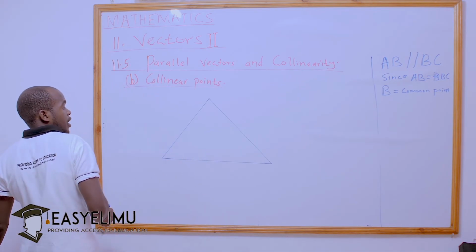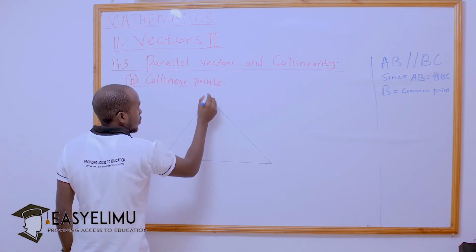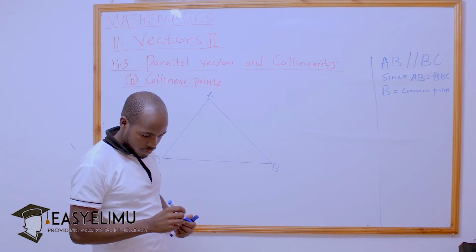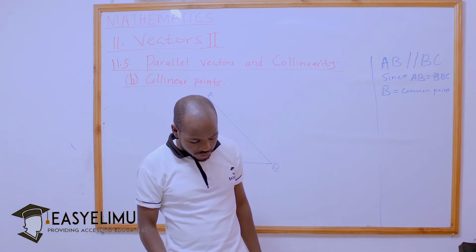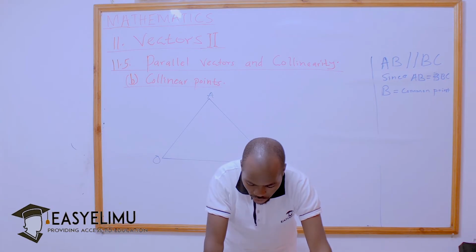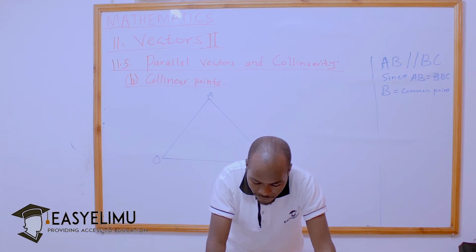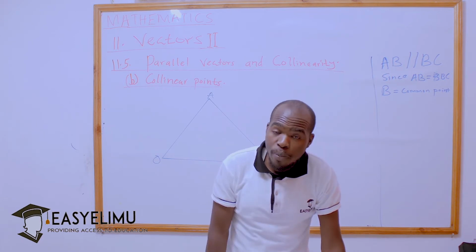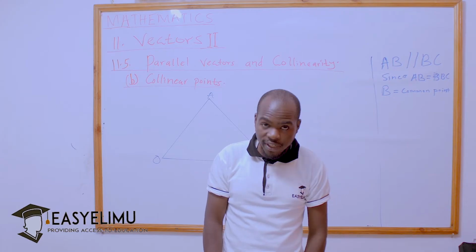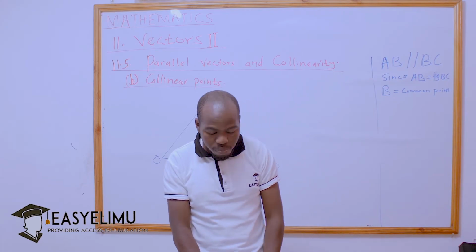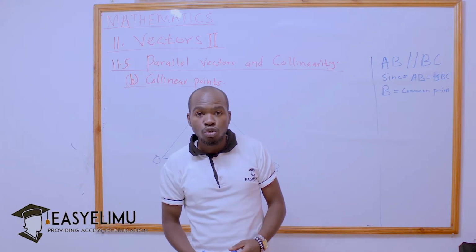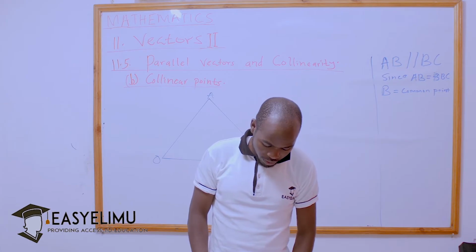That will be my triangle, so I will have O, A, and B. The triangle OAB is such that OA is equal to small a, OB is equal to small b, and C lies on OB such that the ratio of OC to CB is equal to 2 to 1.